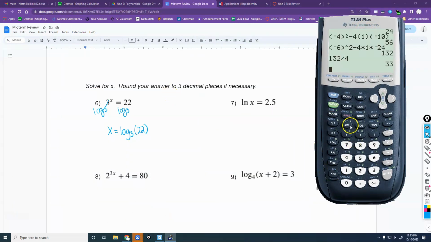Remind me how I type it in the calculator. Log 22 divided by log 3, or use Desmos, 2.814.